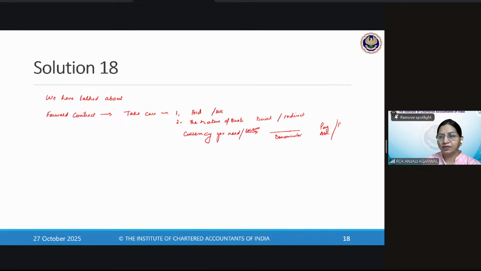And if you will receive that, bid will be applicable. Okay. So in forward contract, all you have to take care of is to ensure that the quote should be a direct quote, and the foreign currency you need to pay or receive is in the denominator. In that case, if you want to make the payment, you need ask, or receive, bid. So if indirect quotes are given, please properly convert it first into direct using one upon bid or one upon ask.